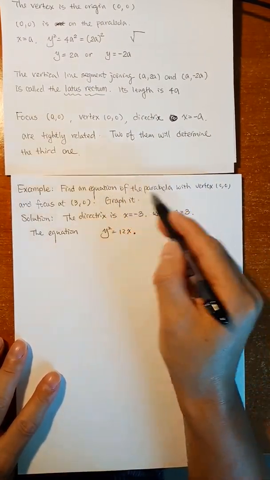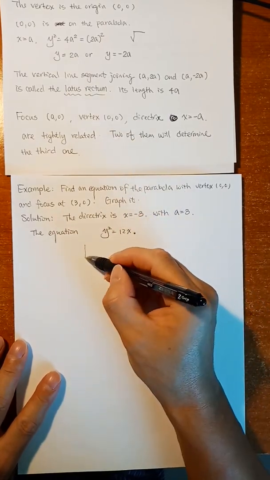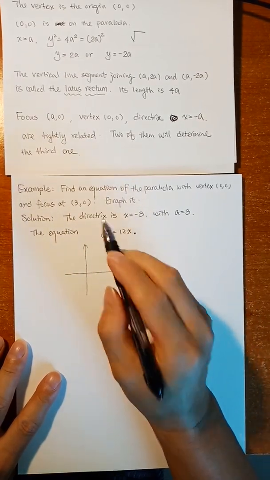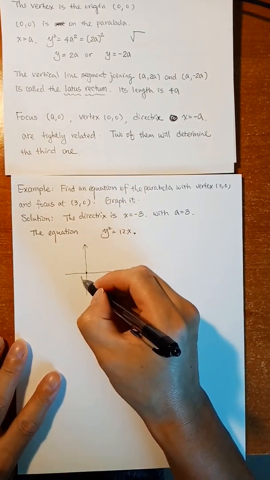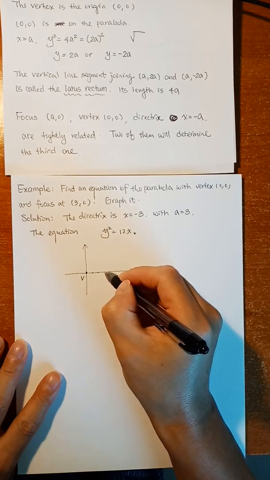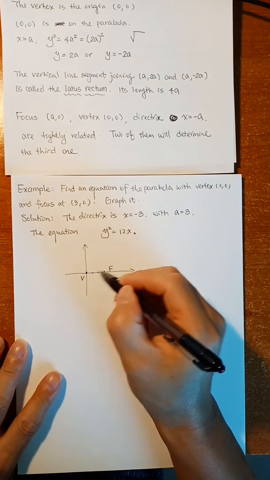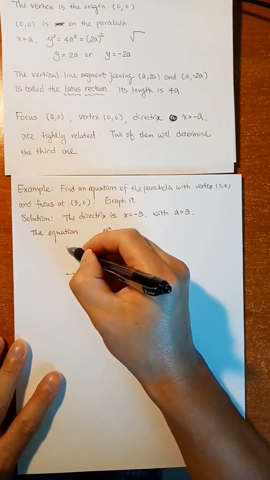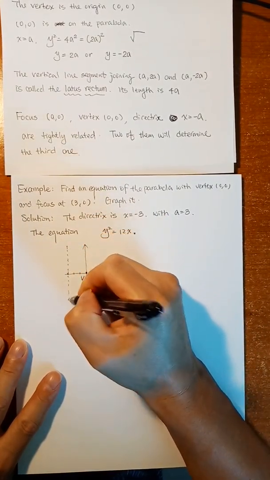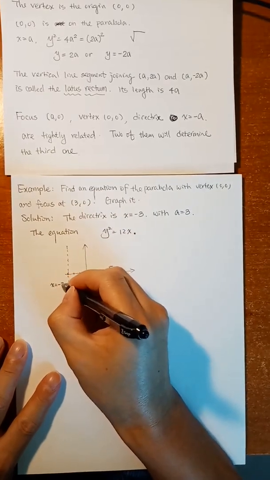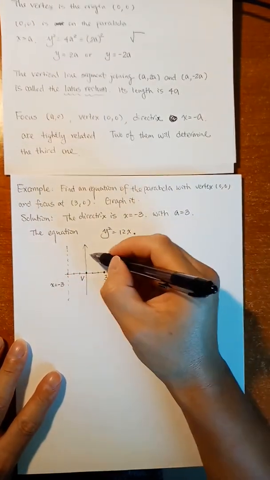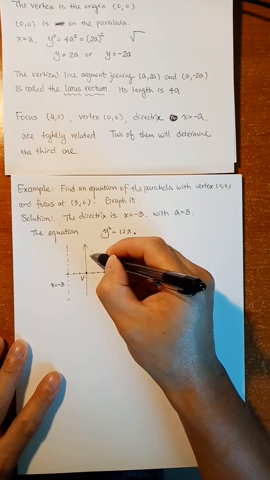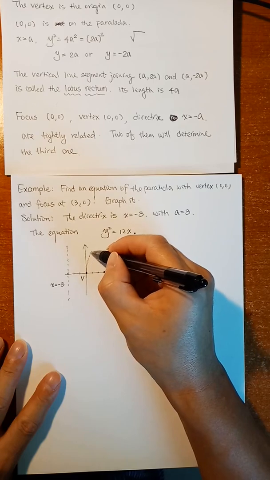That's the first part, find the equation. Graph it. How do we graph it? Basically, you're going to label the vertex V, label the focus F, and label the directrix x equal to negative 3. And then you just estimate. Possibly this is the parabola.